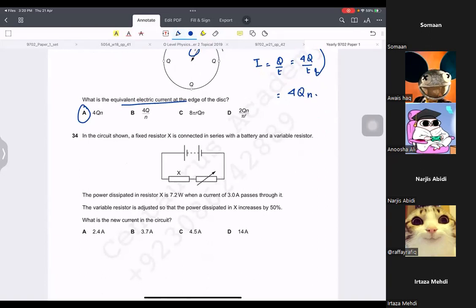Okay, in a circuit shown, a fixed resistor X is connected in series with a battery and a variable resistor. The power dissipated is 7.2, current is 3. The variable resistor is adjusted so the power dissipated in X increases by 50%. What is the new current in the circuit? Wow.